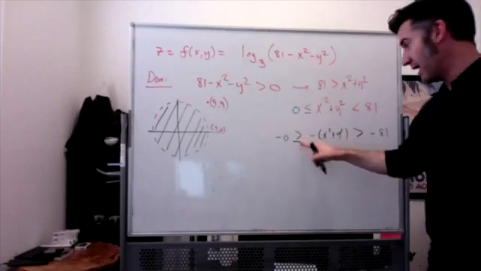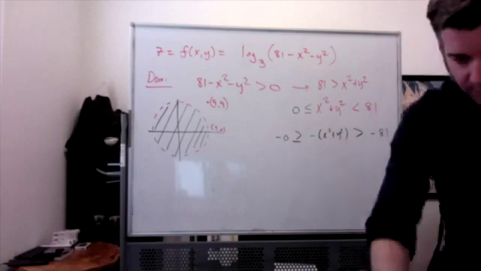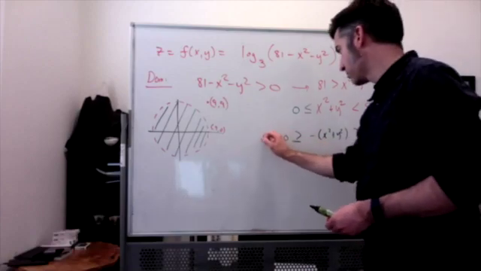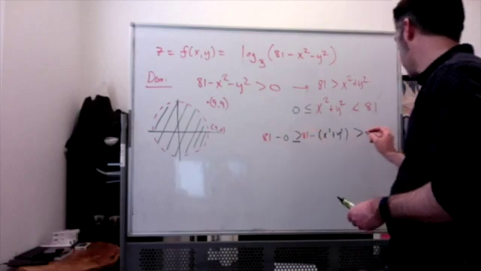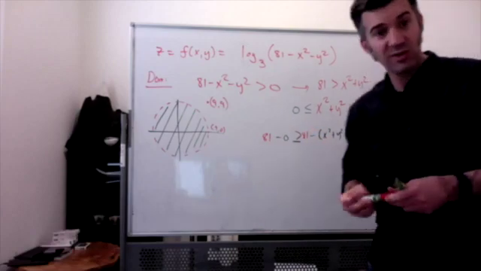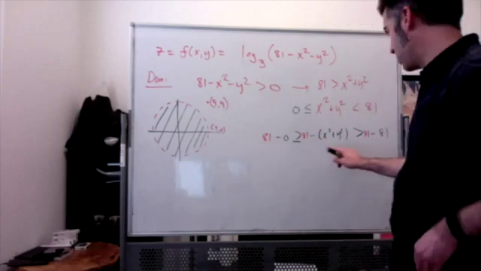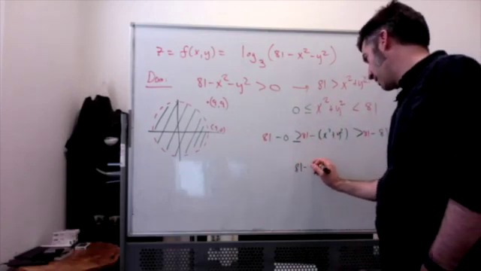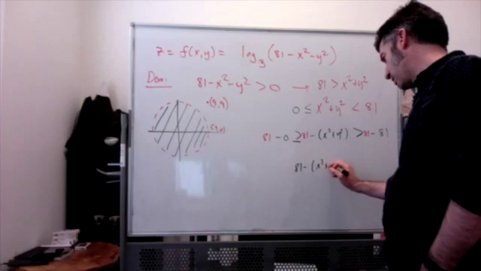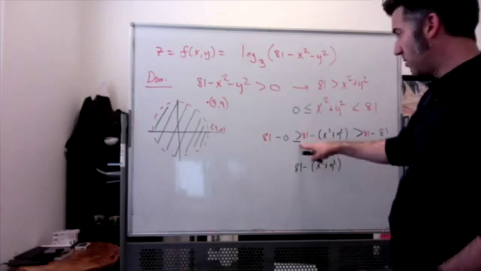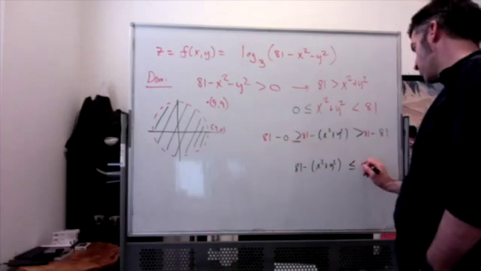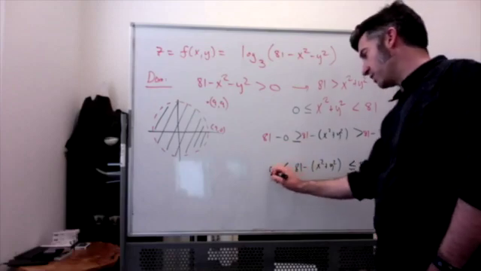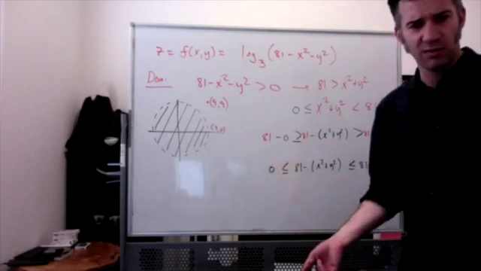So I'm going to add 81 to each side. So here's what I've got. I'm going to change this so it's this way. So I've got 81 is bigger than or equal to 81 minus x squared plus y squared, which is bigger than or equal to 0. And that seems totally reasonable, right?